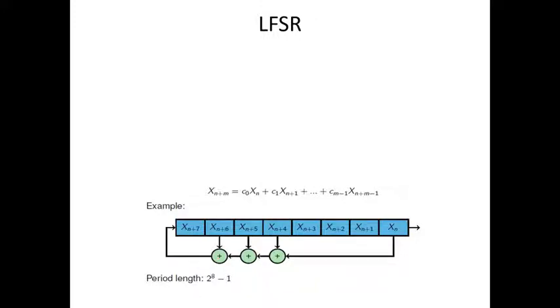See, xn and x(n+4) are the inputs to the first modulo 2 adder. The output of the first modulo 2 adder and x(n+5) are the inputs to the second, and so on. Finally, the output of the third modulo 2 adder will be given as the input to the x(n+7) bit, the leftmost bit. So all this tells us the realization of the feedback function, and these are the bits in the shift register.